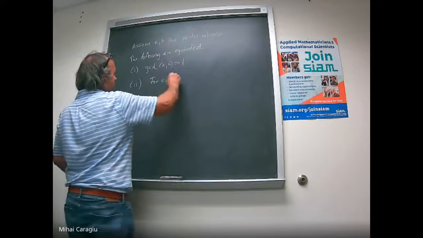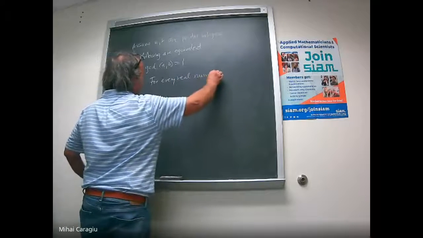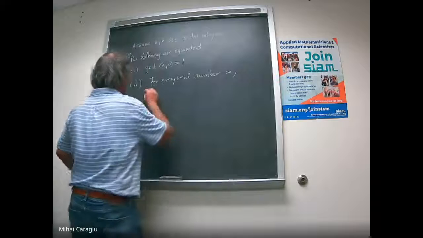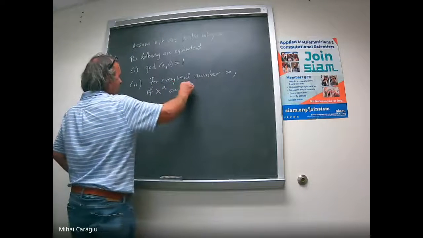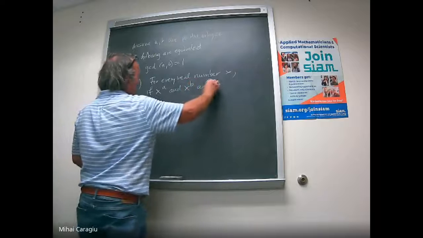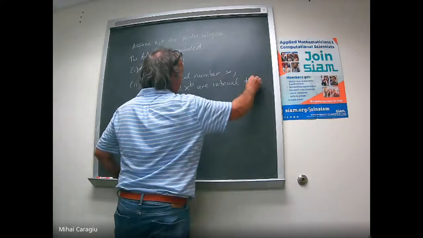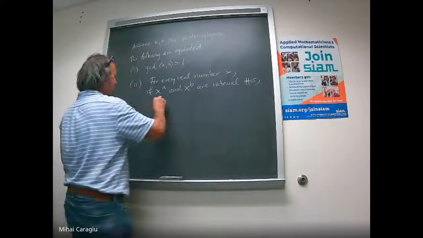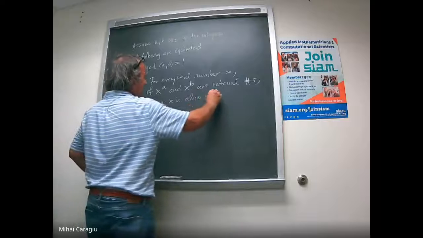Second, for every real number x, if x to the power A and x to the power B are rational numbers, then x is also rational.